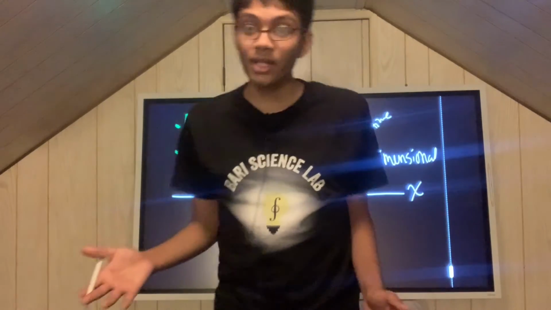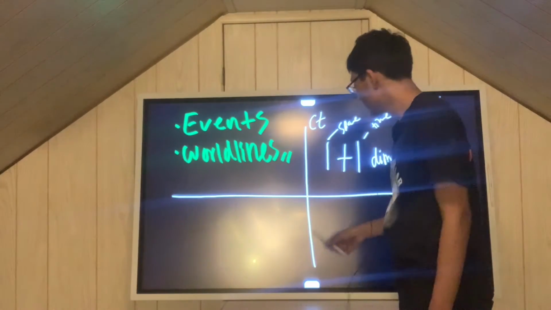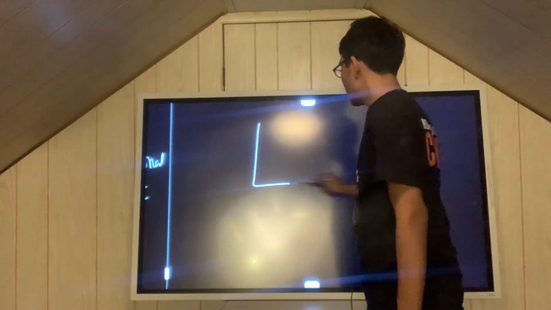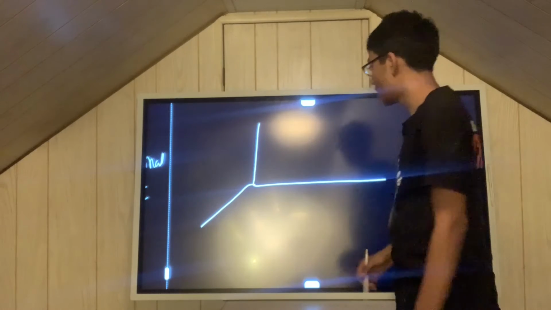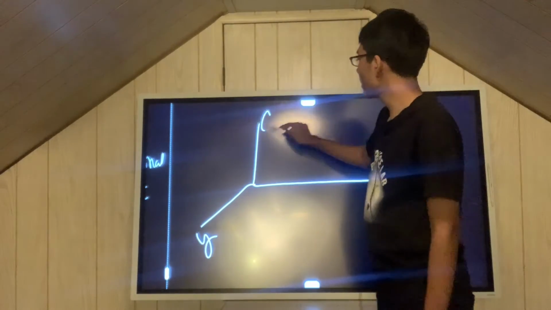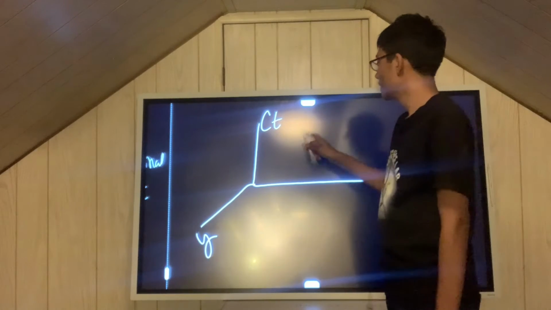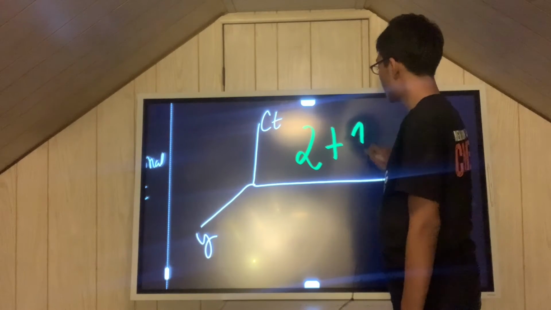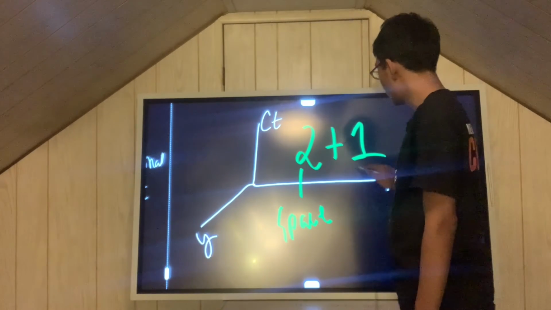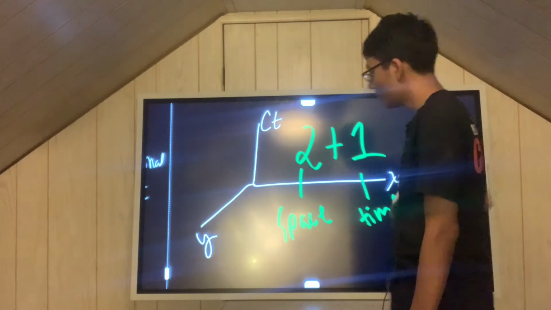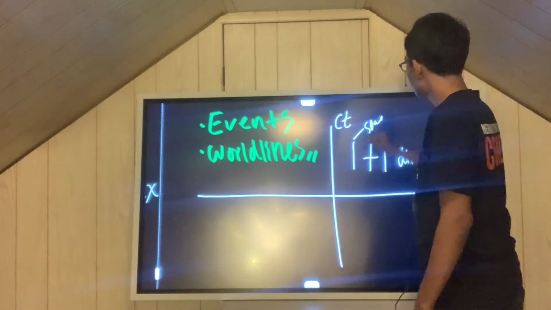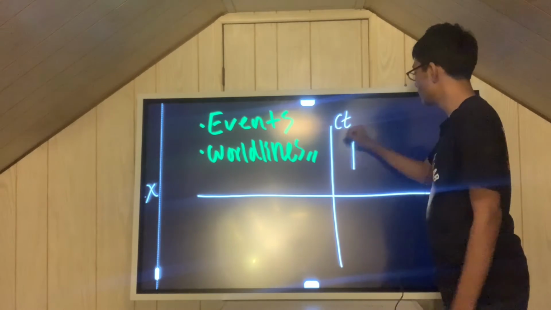I could choose instead to have a 2+1 space-time diagram, with two dimensions of space, such as x and y, and one dimension of time, such as ct. But we want to keep things simple, and a 1+1 space-time diagram is good for doing just that.